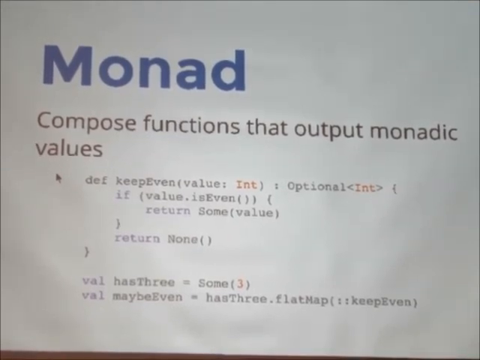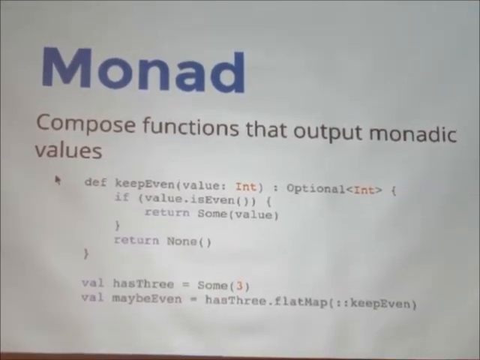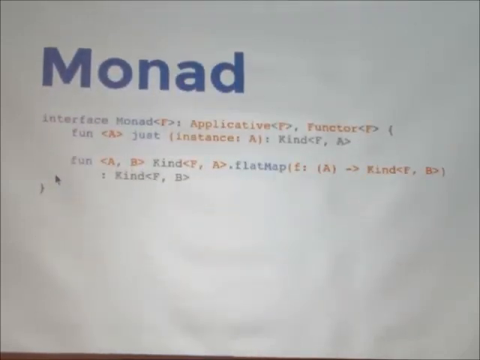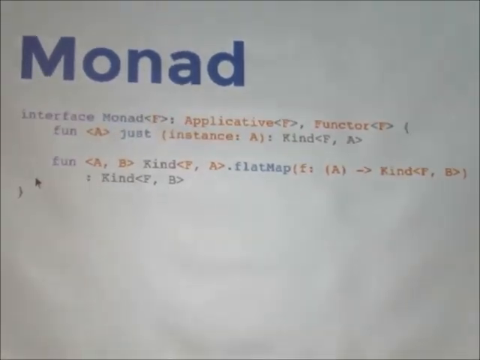So how do we do that? We use the flatMap operator. Monads are super powerful in that they give you the ability to chain operators and to sequence events within monads. And this is essentially the interface. It's the exact same type of interface that we've seen in the functor.